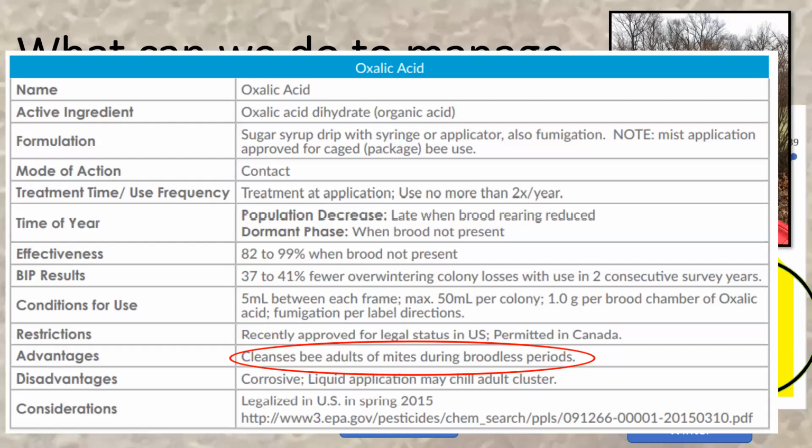I use it in both. So I'm able to use oxalic acid about 3 times in the wintertime.